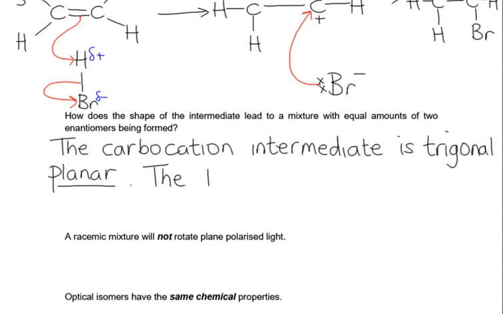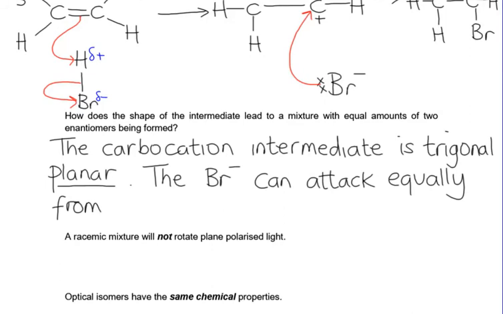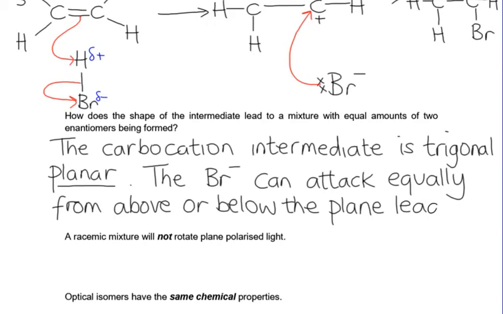So what we've got is the bromide ion, the Br minus, can attack equally from above or below the plane, leading to a racemic mixture.